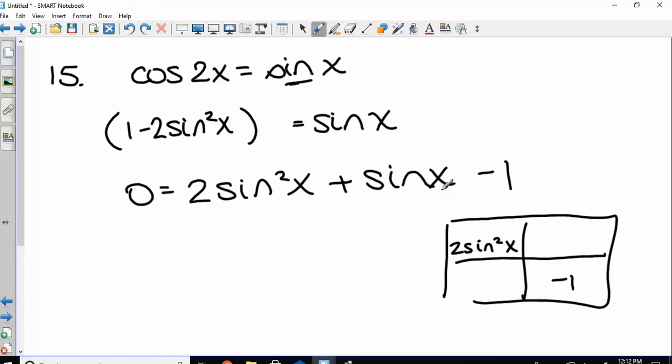So multiply to -2 and add to +1. 2, -1. We factor, we get a 2 sine x minus 1. This way we get sine x plus 1.